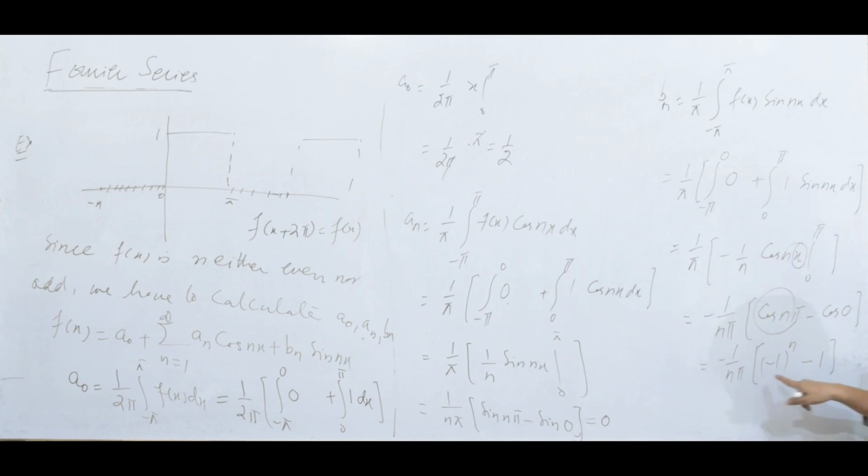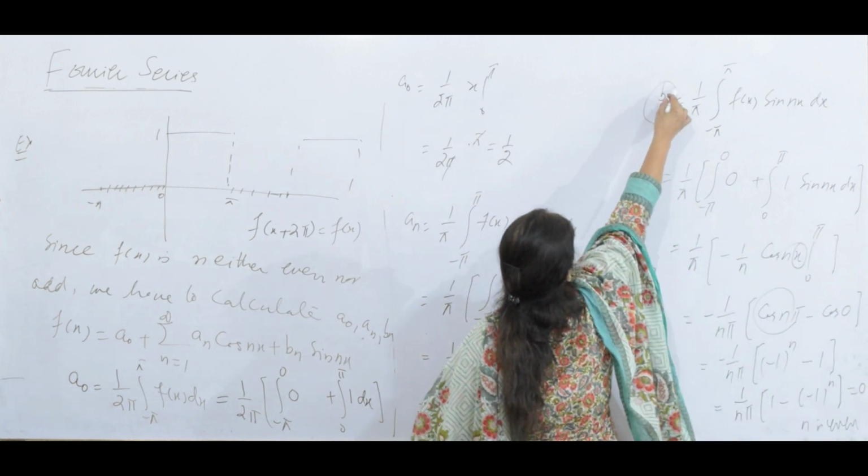Since minus is outside, you are going to multiply with it. So it becomes 1 minus minus 1 raised to the power n. And again the same thing, it is going to be 0 when n is even.